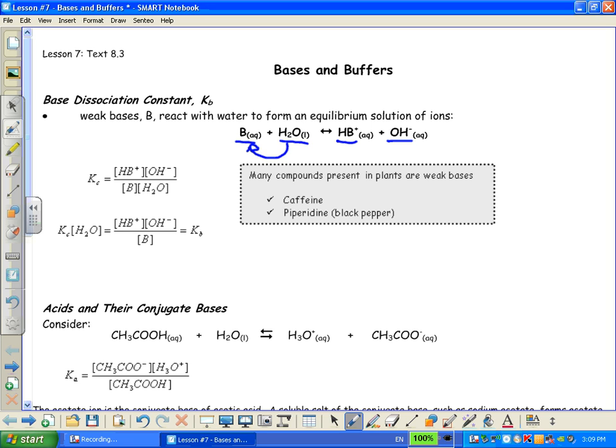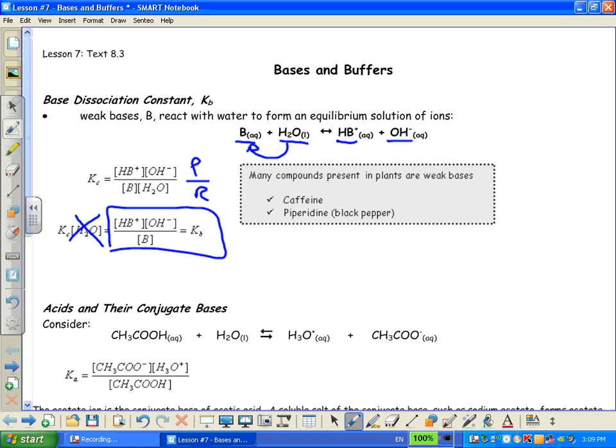which we know are associated with bases. If we take that equation and substitute it into our Kc value, where it's products over reactants, and then rearrange that, again, water is ignored in this case, so Kb is equal to our products over our reactants.